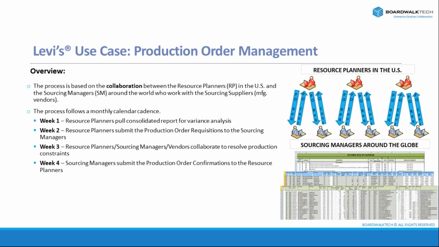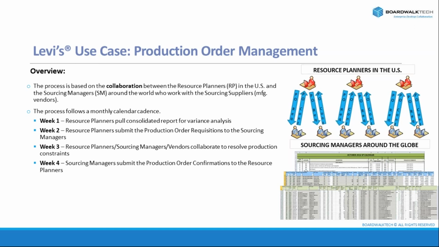The information is handed off from one member to another, and as you can see in week 1, the resource planners generate a consolidated set of reports to perform their variance analysis. And then in week 2, the resource planners will submit their production order requisitions to the sourcing managers in the field.